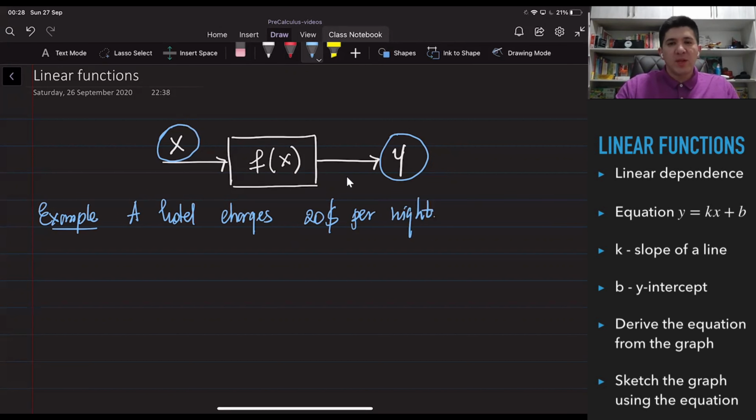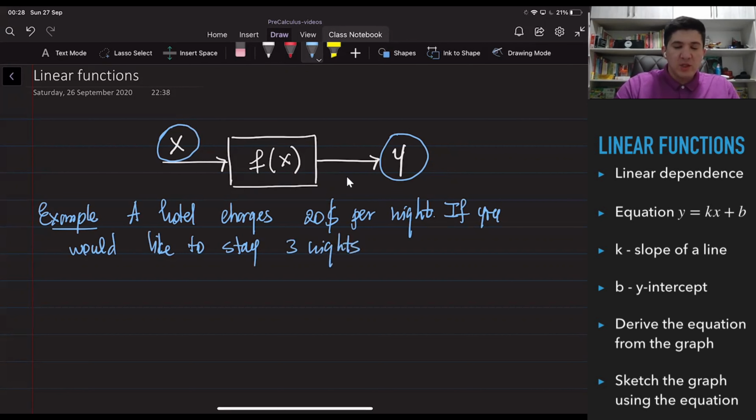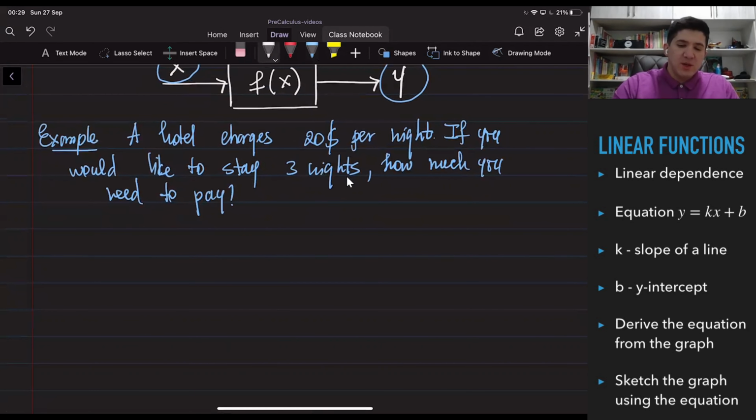If you would like to stay 3 nights, how much do you need to pay? Well, it's really easy to calculate, right? We are just going to multiply the 3 by the 20. It's going to be simply $60.